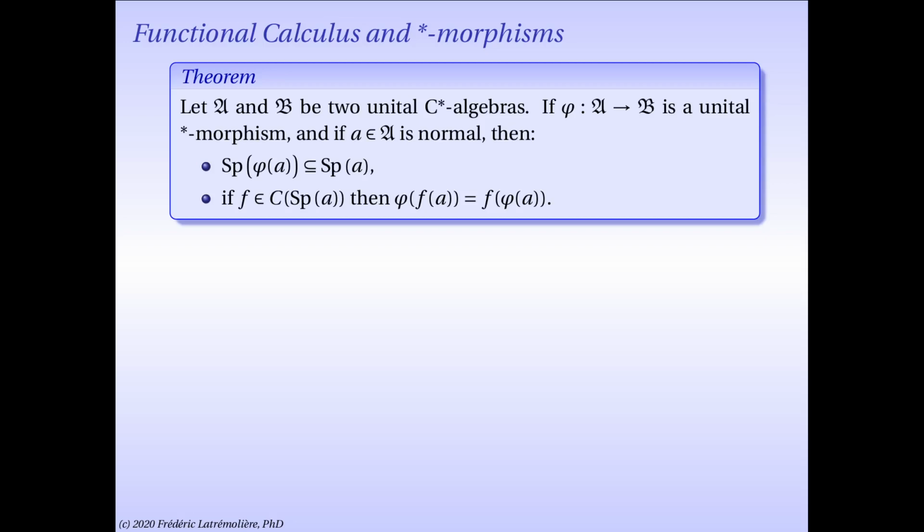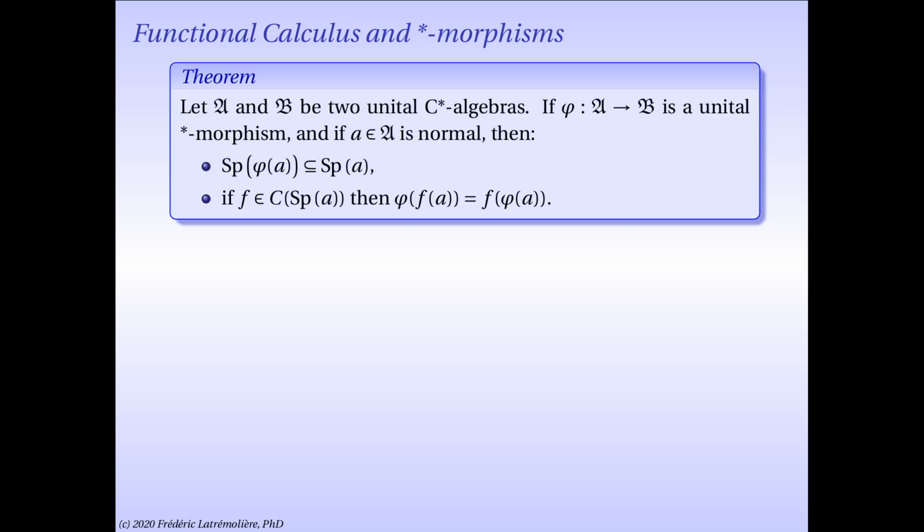So you fix two unital C-star algebras and some unital star morphism phi between them. And if you pick a normal element A in the domain of phi, then the first observation is that the spectrum of phi of A is a subset of the spectrum of A. That's a useful observation because if we want to talk about functional calculus, we need to work with continuous functions on the spectra of those elements, so this relation will prove helpful.